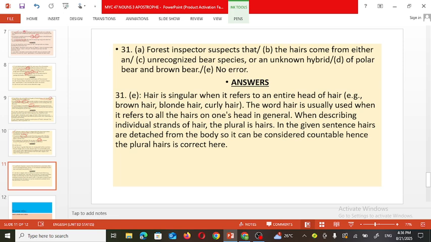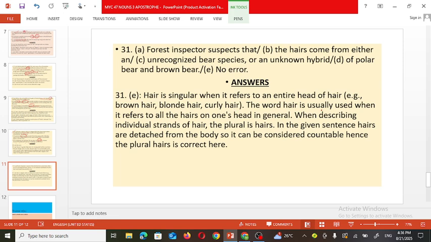So here, hair is singular when it refers to an entire head of hair. For example, brown hair or blonde hair, curly hair.